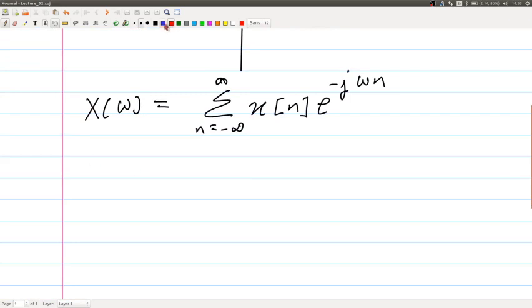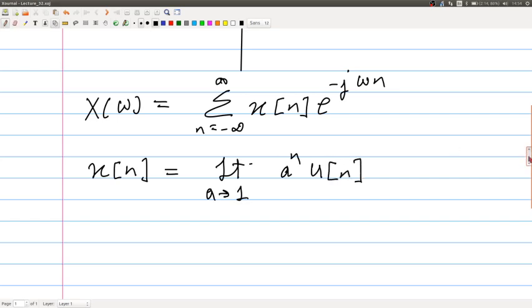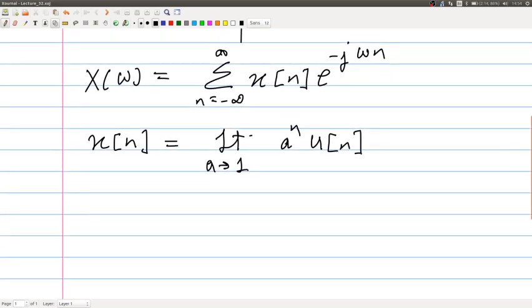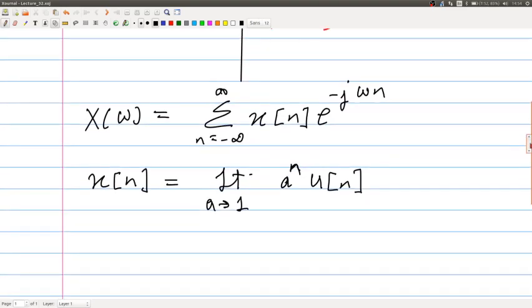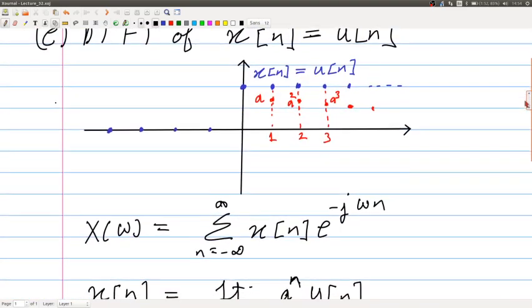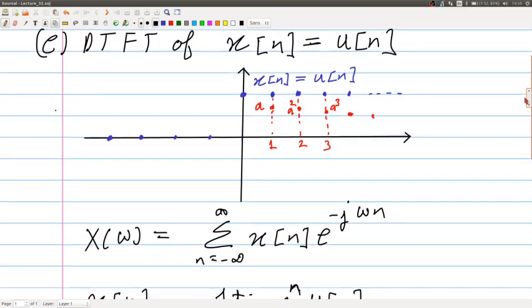So we would define x of n as the limit a going to 1 of a to the power n u of n. We can apply the limit to the previous problem and derive it, but using that method it becomes a bit more complicated. So I would be using a different approach.